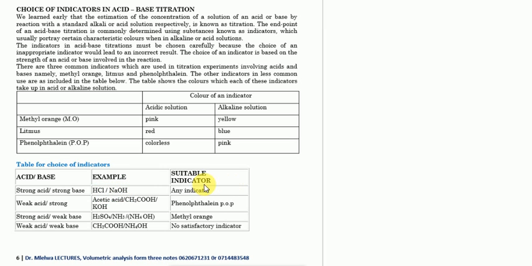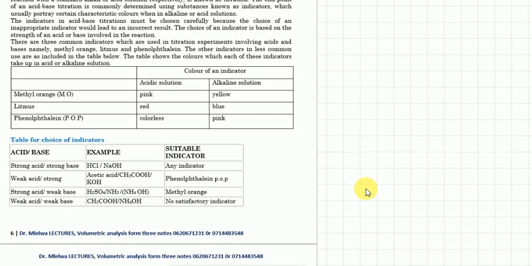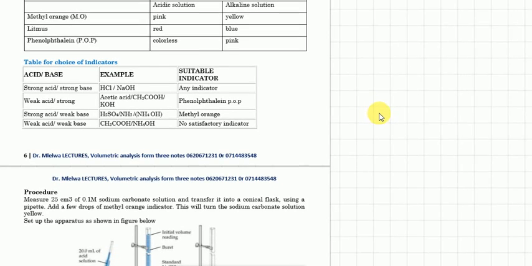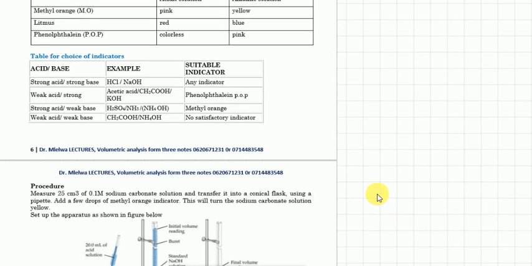Tunaweza kuwa na weak acid na strong base, tunatumia kwa mfano acetic acid na tunatumia POP, phenolphthalein. Strong acid weak base tunatumia methyl orange, na weak acid pamoja na weak base tunasema no satisfactory indicator.